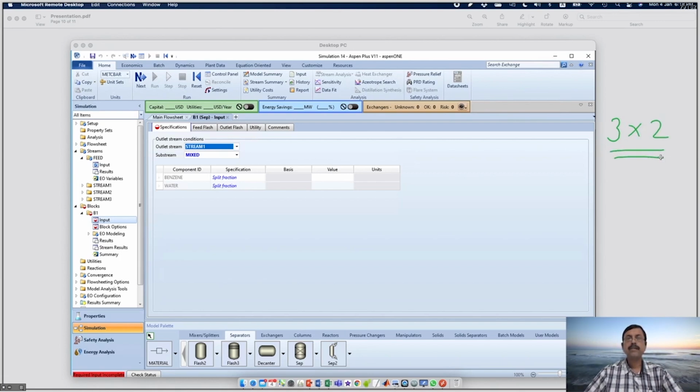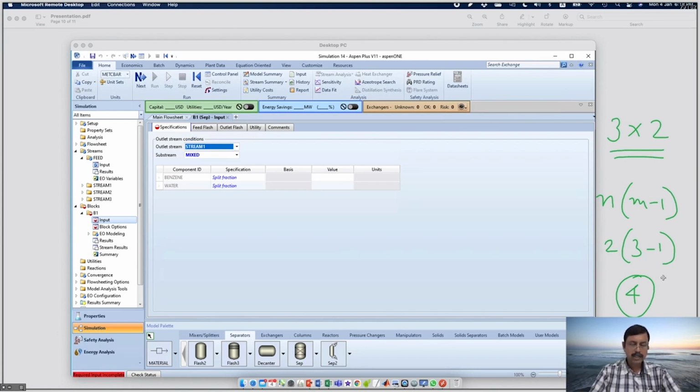Now what is the degrees of freedom? Degrees of freedom is n into m minus 1. So it is 2 into 3 minus 1, so it is 4. That means we have to fix 4 input data to define the entire system. So let us do it.